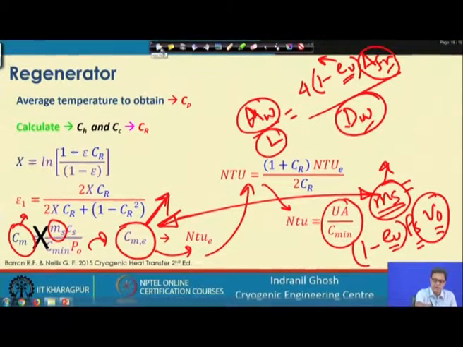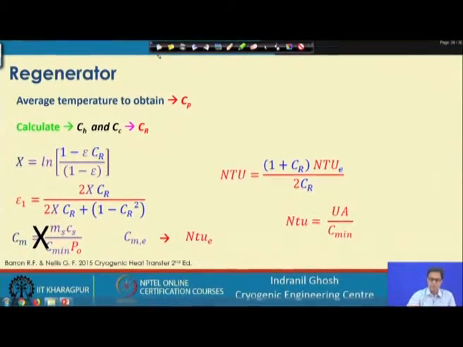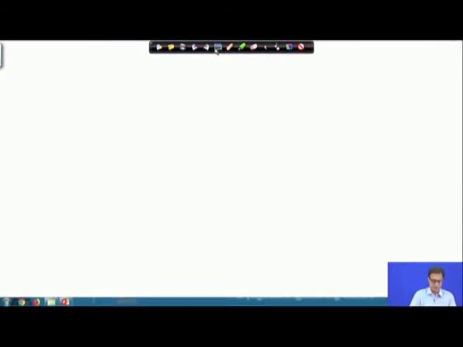So, this is the procedure for the regenerator design calculation. Now we will go to the slide and try to calculate for this particular problem which we have defined.